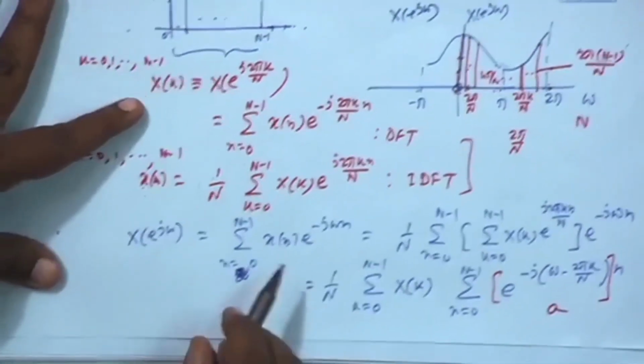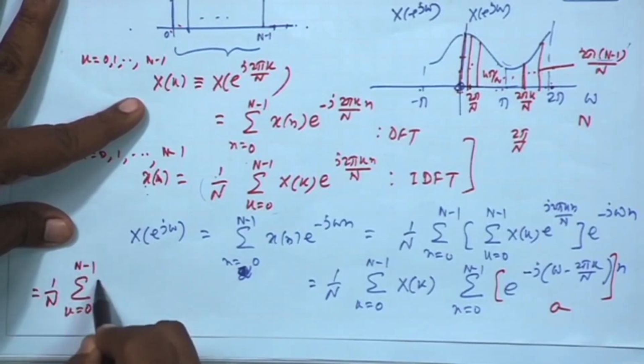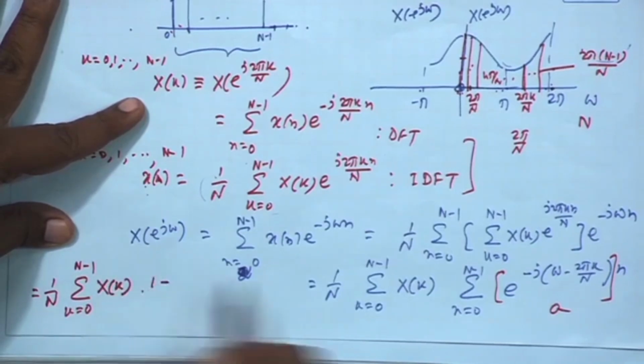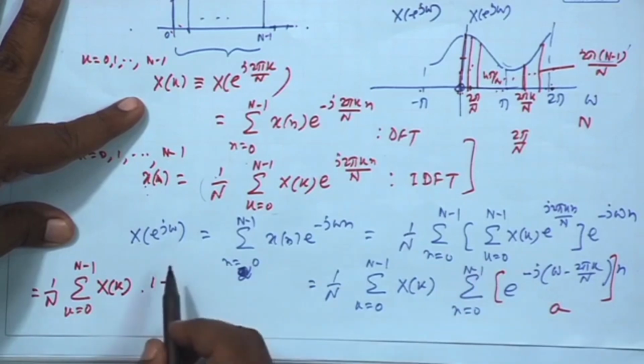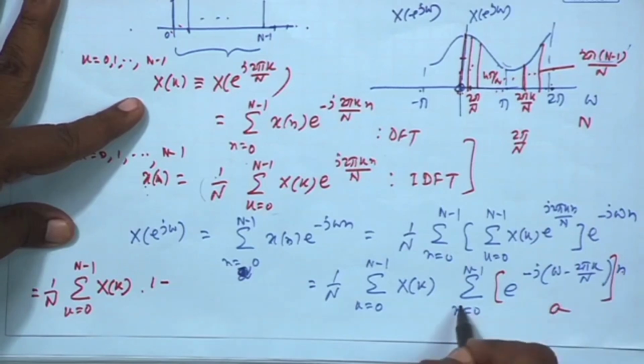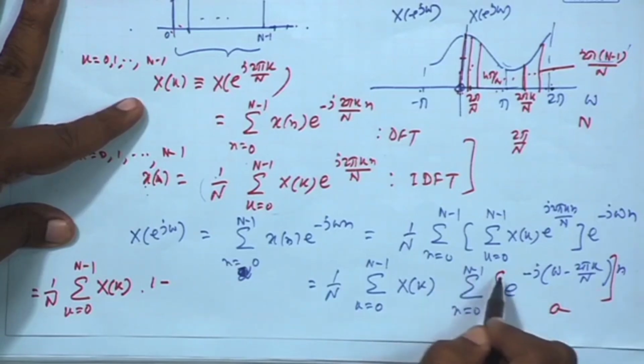So, this summation will be into 1 minus a to the power capital N, that is a GP series. What is the series? A to the power small n, first n equal to 0, that is a to the power 0, then n equal to 1, that is a to the power 1, so a to the power 0 plus a to the power 1 plus a to the power 2 up to a to the power capital N minus 1.